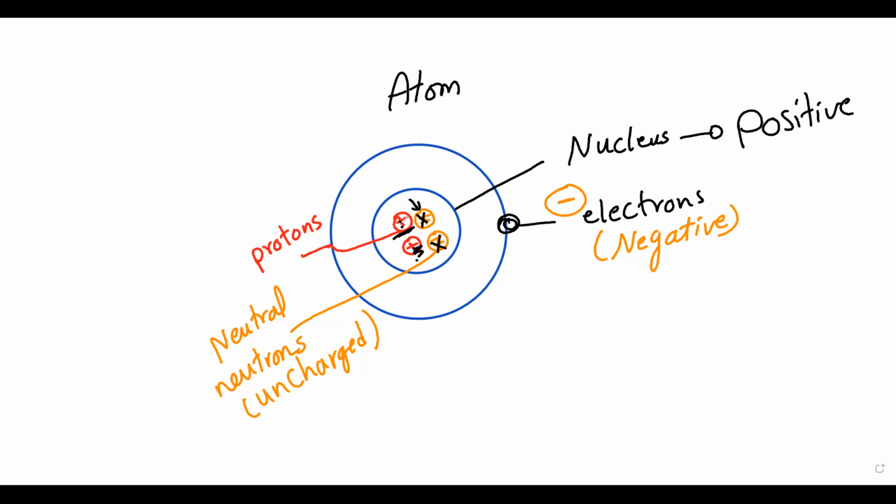So if I have two positive protons, I will have two negative electrons. So what is the charge for the whole atom? Tuqa Muhammad, what is the charge of the whole atom in your mind?